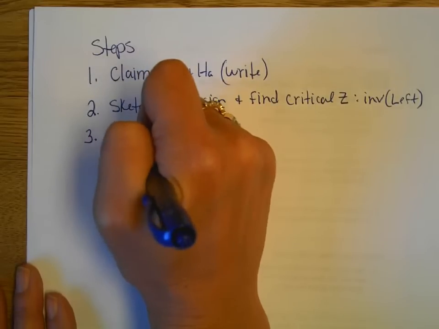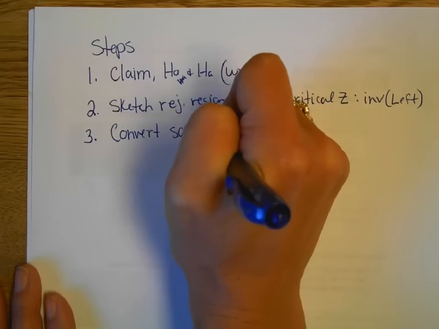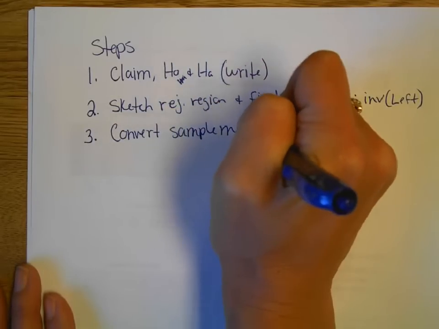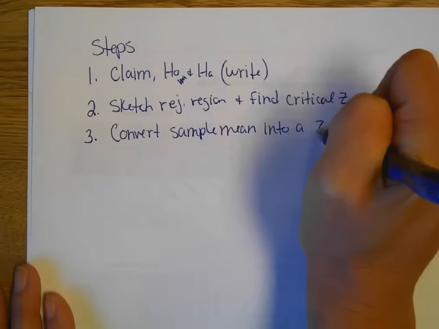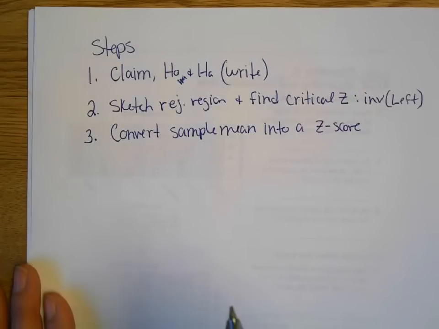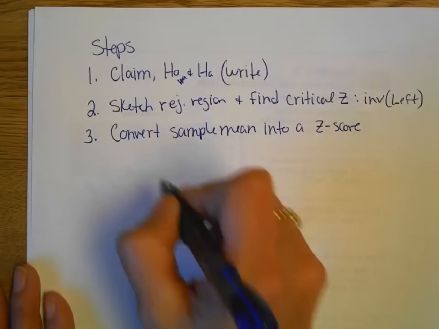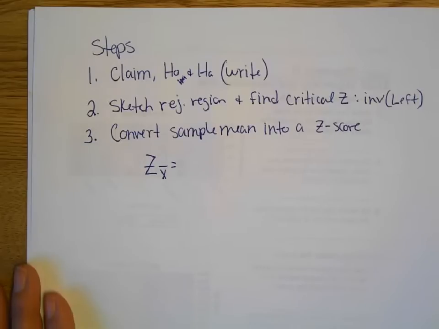Now you convert the sample mean into a z-score with this formula. What's critical Z?